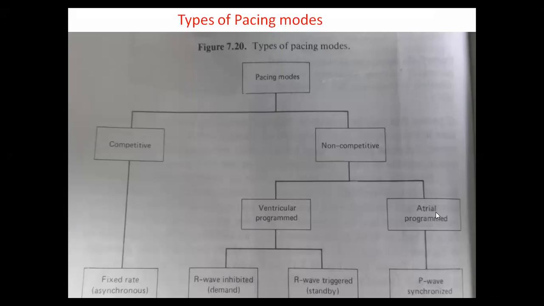For the atrial program, the P wave is synchronized, and we apply the pulses to the right atrium. For the ventricular programs, we apply the signals to the ventricles of the heart. So by these methods, demand and standby, we apply pulses to the heart.